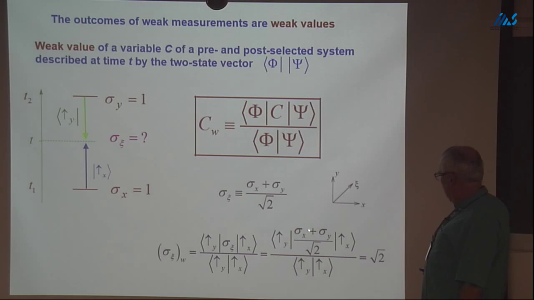I can easily see that sigma x is really 1 because I started with 1. Sigma y is 1 because I found 1. So it's 2 over square root of 2. So I get square root of 2. It's supposed to be only 1 or minus 1. But in this case, it's square root of 2, outside of the range of the eigenvalues, because my scalar product is not 1.